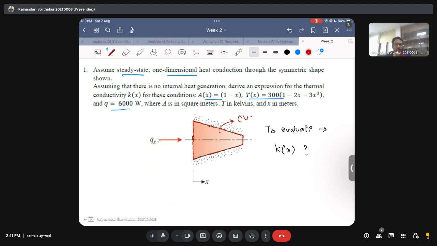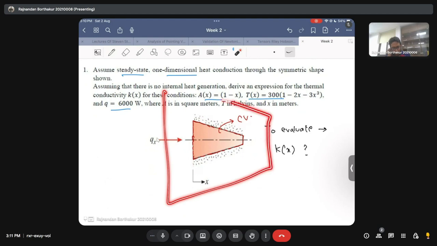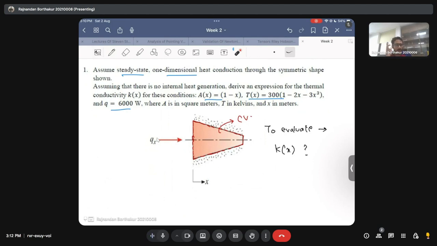Remember, the manner in which you build your control volume is completely up to you. You may ask that you can also build a control volume something like this, or something like this. The size of the control volume is completely dependent on who is solving the problem. But a wiser choice of control volume is essential, because that precisely helps you move towards the correct answer in a more direct, or more clever, way.